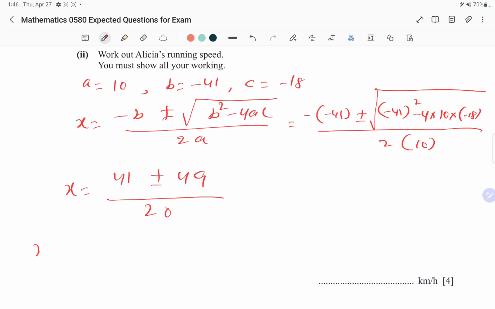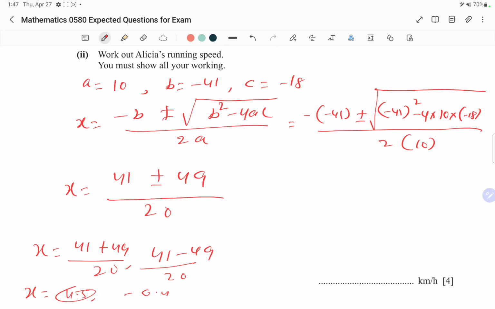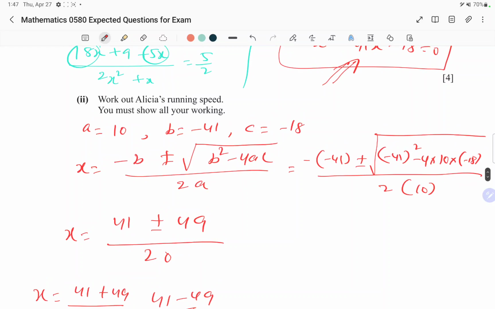So x equals 41 plus 49 over 20, and 41 minus 49 over 20, right? 41 plus 49 over 20 is 4.5, and the next, 41 minus 49 over 20, is negative, which is not possible, minus 0.4. So x is 4.5.